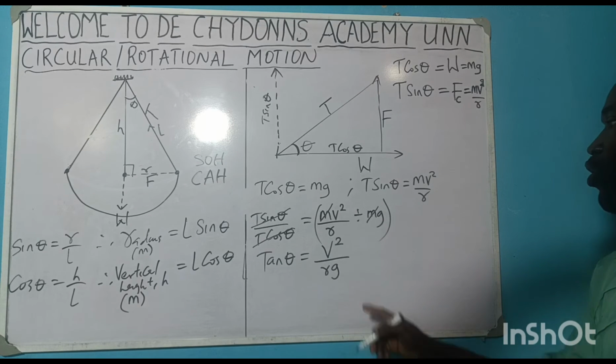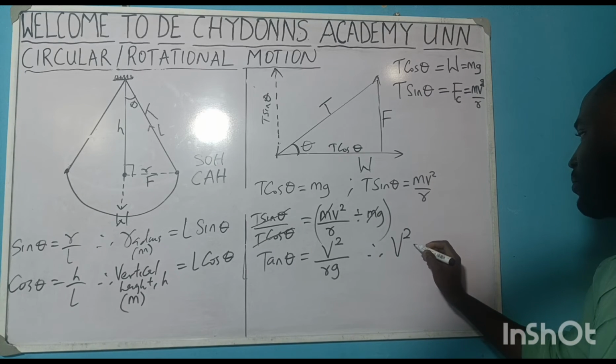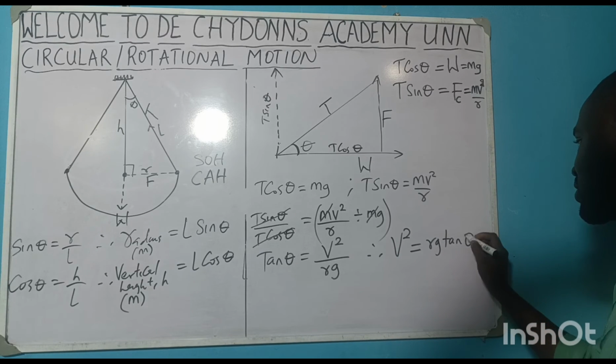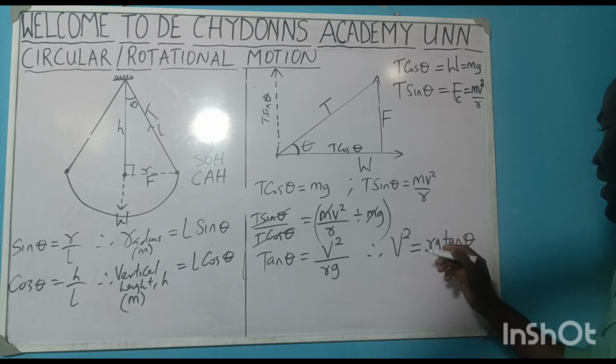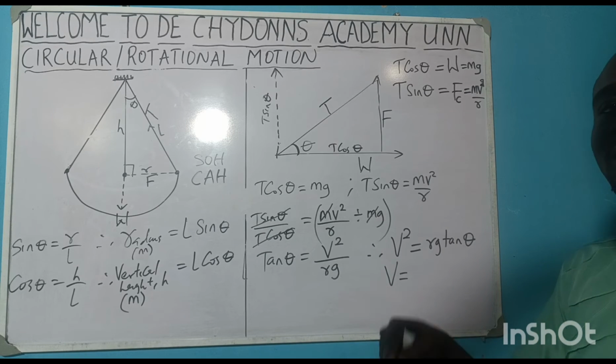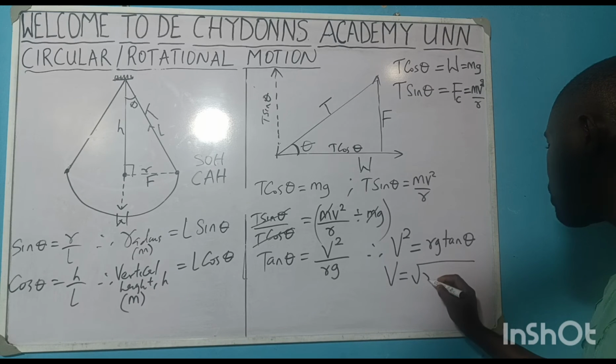V squared all over Rg. Therefore, what is my V square? My V square is equal to Rg tan theta. Therefore, the velocity of a body undergoing horizontal circular motion is equal to the square root of what?